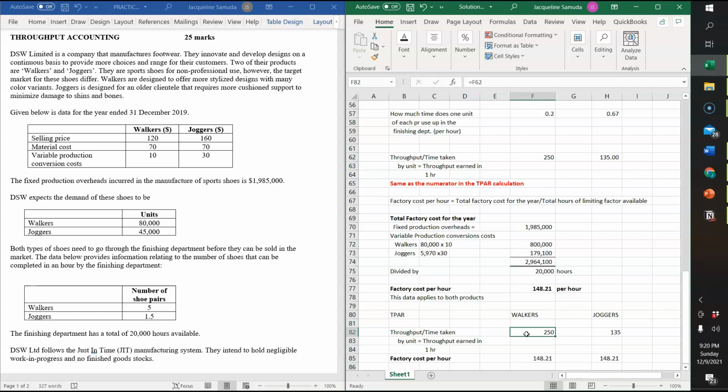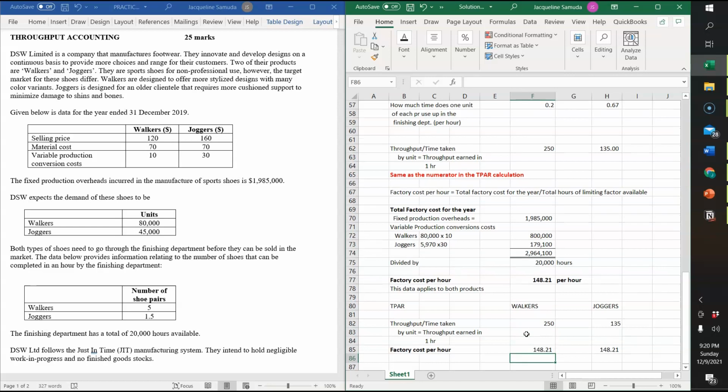But in that same 1 hour, DSW will incur $148.21 of cost. So it means, therefore, that the walkers are earning more throughput in that timeline of 1 hour than what the factory is incurring as cost. But if you look at the joggers, the situation is reversed.